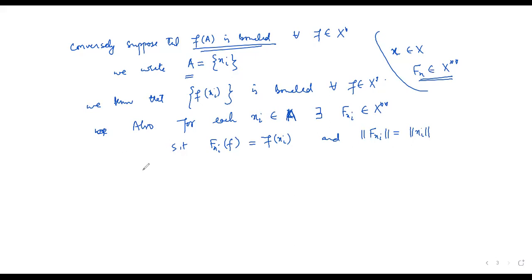So this is true. Now therefore f sub x_i at f is a bounded set. अगर मैं x_i को रन करता हूं और f को फिक्स करता हूं, this is a bounded set for all f belonging to X star.